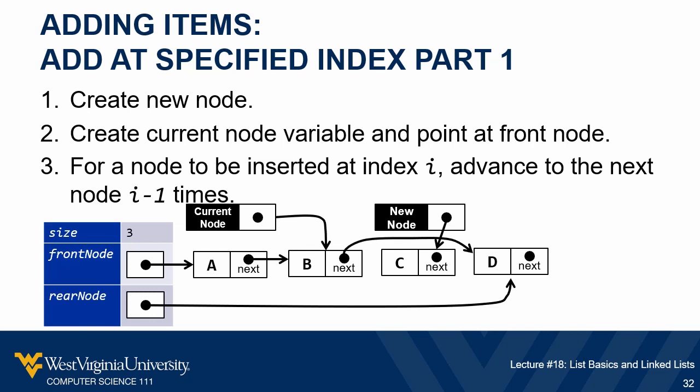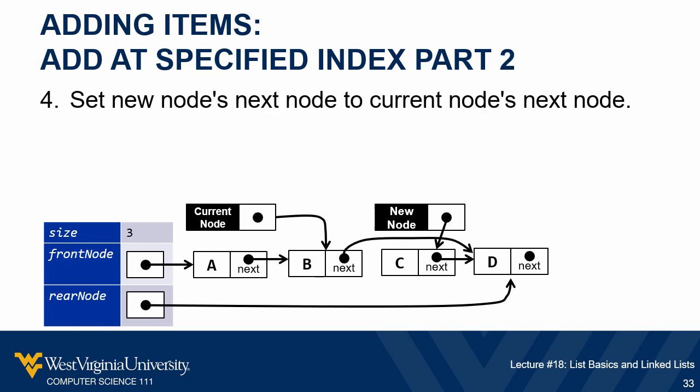So since my index is going to be 2 here, I'm going to go through and advance down the line 1 time. The idea is that current node, when we stop our loop here to advance, should be pointing at the node that's going to be immediately before where that new node goes. So B is index 1. That one's going to be immediately before index 2 for our new node.